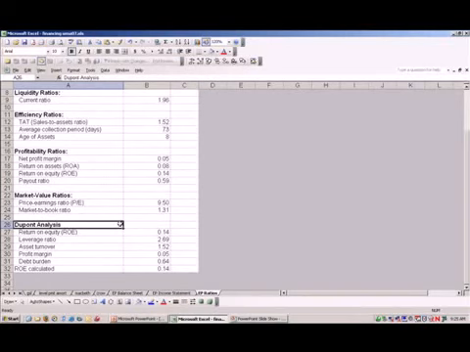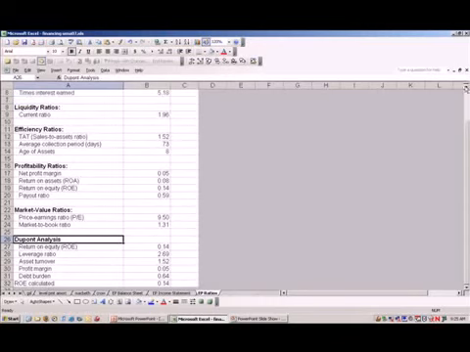Now let's combine some of these ratios and one more into the DuPont analysis calculation. The DuPont analysis focuses on return on equity, which we determined previously is 14%. And it decomposes return on equity into some important components.